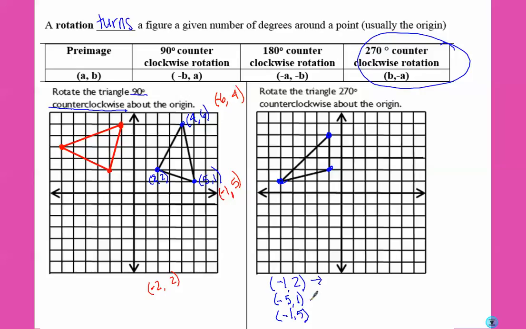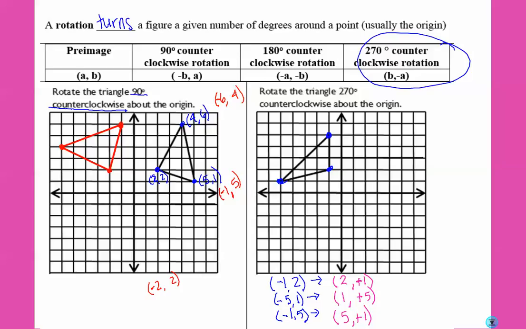So our new points, after we rotate them, we're going to switch the order, but we're going to make the second coordinate negative. So switch 2 and negative 1. Now the negative 1 is already negative, but we have a negative up here. That means we have to switch the sign, so it's going to become negative negative, which is positive 1. Switch the order of 1, negative 5. Switch the sign of the second coordinate. 5, negative 1.